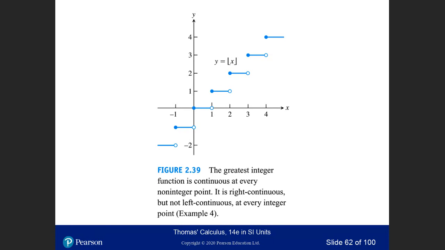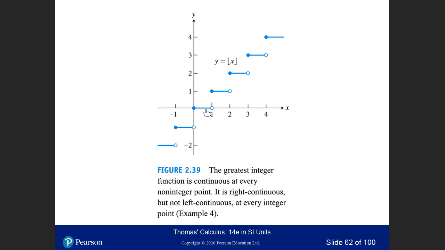Let's look at this function. That's the greatest integer function we have seen before. Okay, it's right continuous at every integer, but not left continuous. As you can see, between 0 and 1, the greatest integer function is the greatest integer less than or equal to x, so that's 0 in this interval.